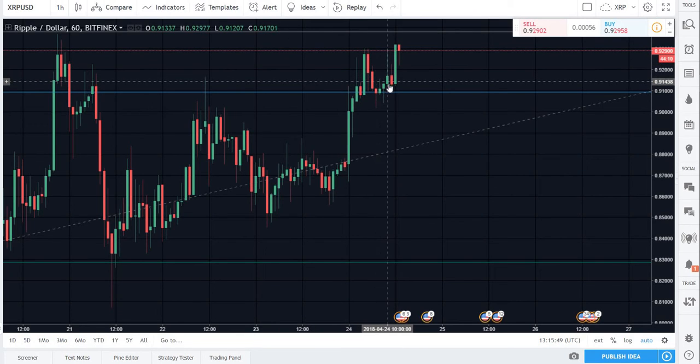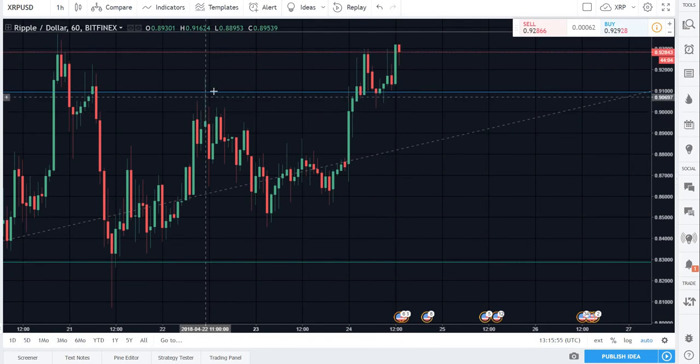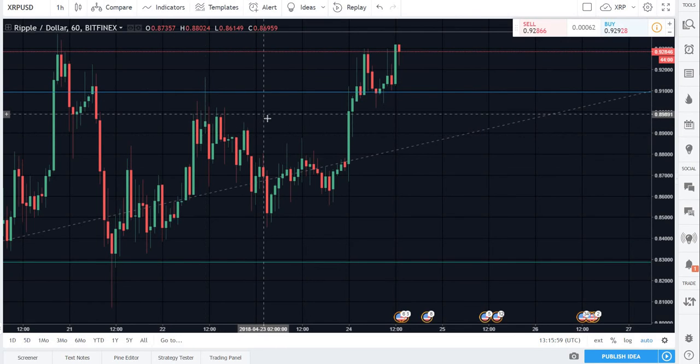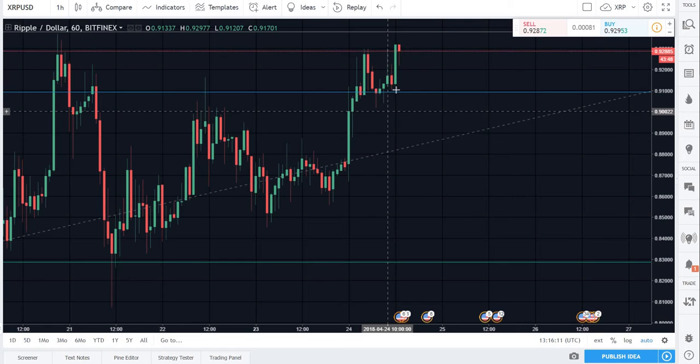Just off your sight alone, you can see some things about these individual candlesticks. Some have long shadows or wicks, whatever you want to call them, and some have really long bodies, the really thick parts. So what information is this individual candlestick telling me?